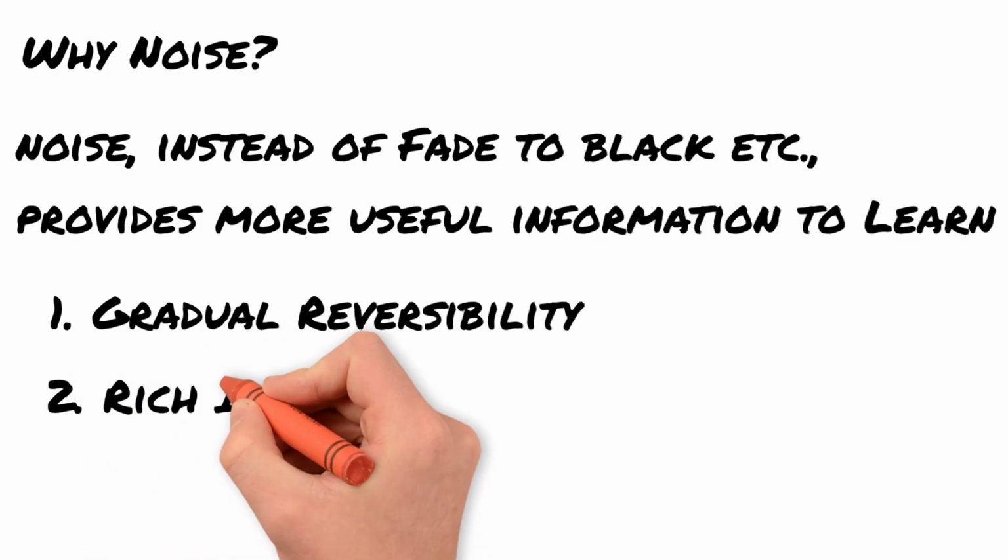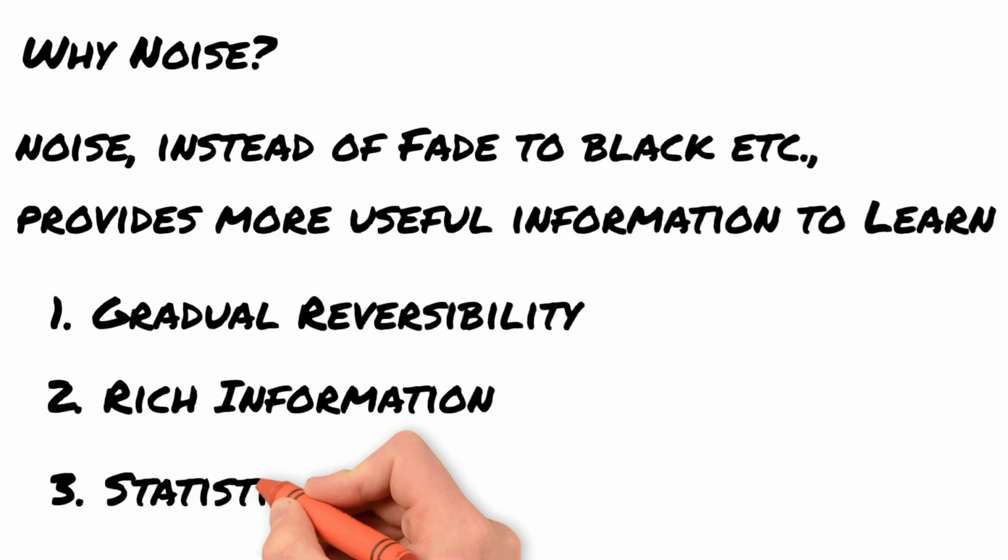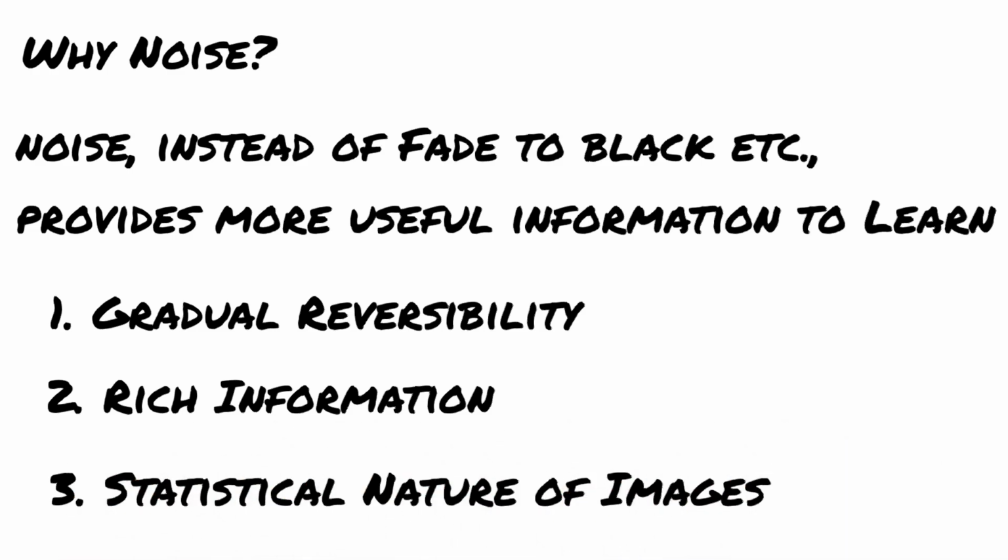Noise introduces random variation across the entire image. This randomness gives the model a lot of detailed differences to learn from at every pixel, which helps it understand complex patterns in images. Natural images are complex and contain patterns like visual textures and edges that are statistically predictable. Noise disrupts these patterns in a way that's easier for the model to learn how to recover them step by step.